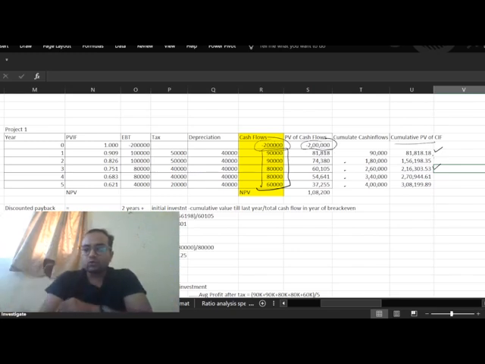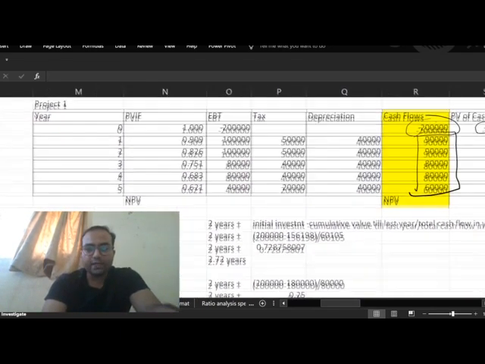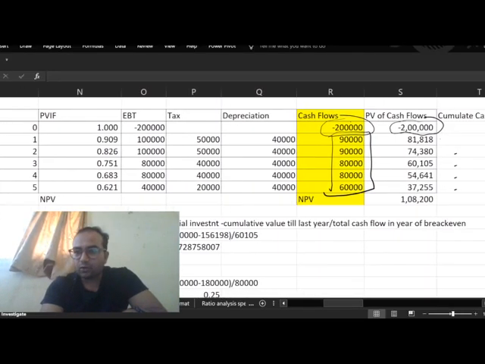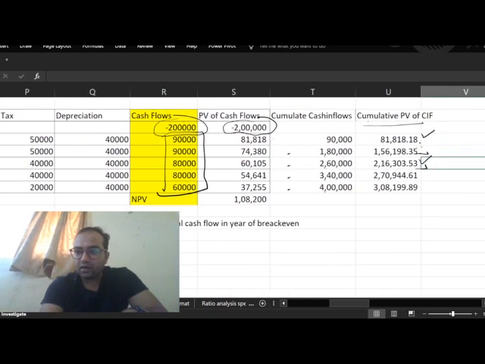All right. So what does this mean? This means that our discounted payback period lies between second year and third year. All right. So how will I calculate the discounted payback from here? So the formula is discounted payback is equal to, we know that it is after 2 years, because at the end of 2 years our cumulative cash inflow is 1.56 lakh and we have to reach 2 lakhs.